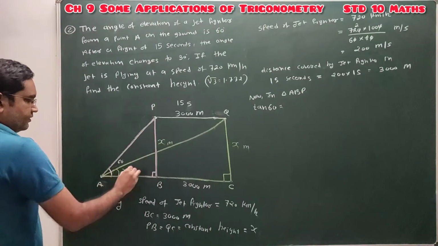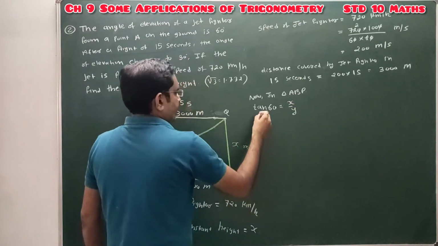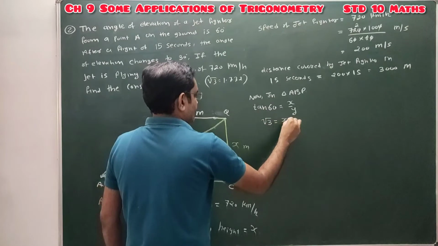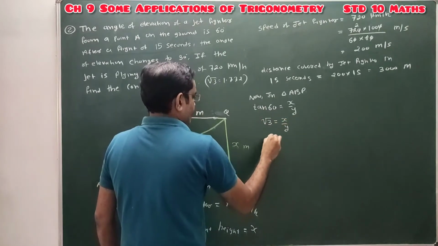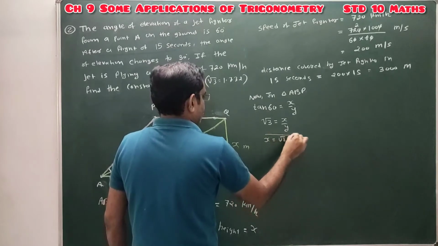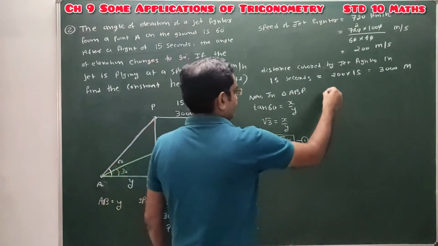Opposite side is X, adjacent side is Y. So it's X upon Y. Tan 60 is root 3. So it's a root 3 equal to X upon Y, and therefore we can write X equal to root 3y. Say this one is result number 1.